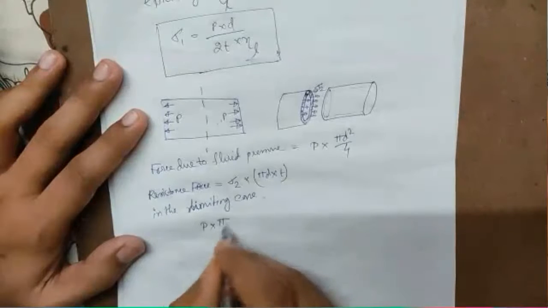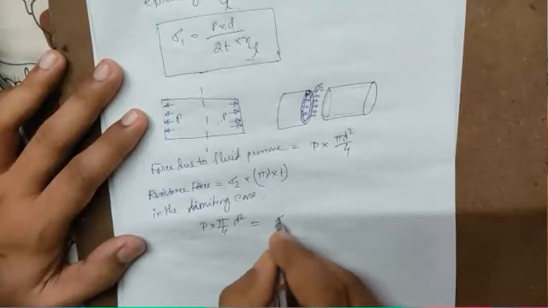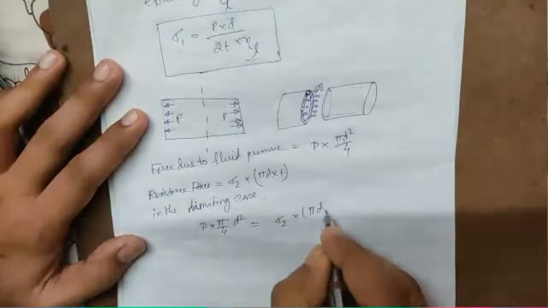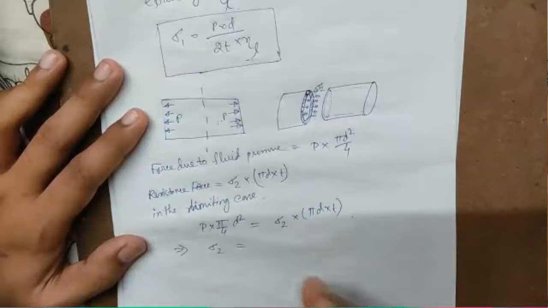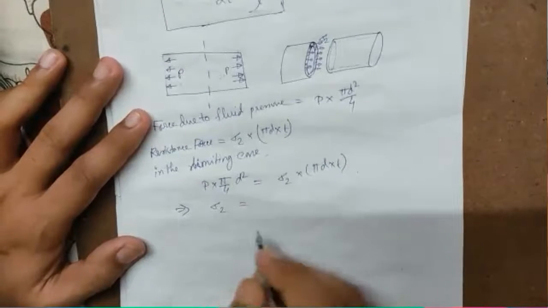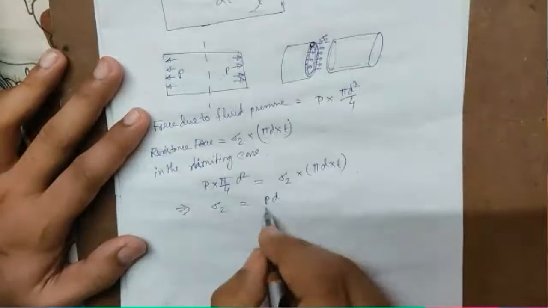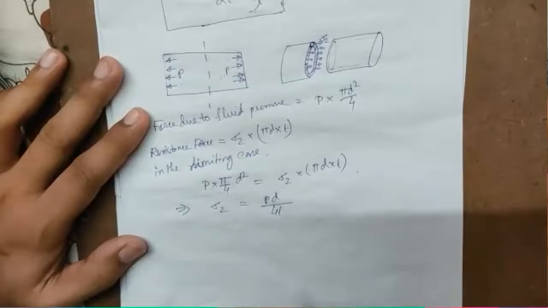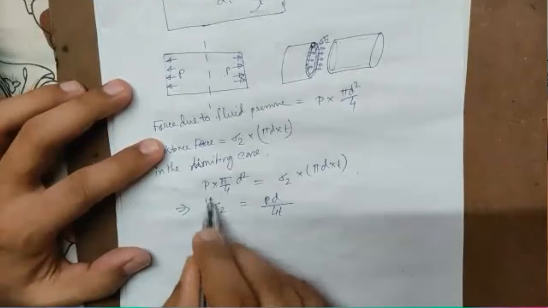In that case, we can write P into pi d square by 4 is equal to sigma 2 into pi d into t. So here we can find out that sigma 2 will be equal to Pd by 4t, which is actually half of the circumferential stress. So this is the expression.